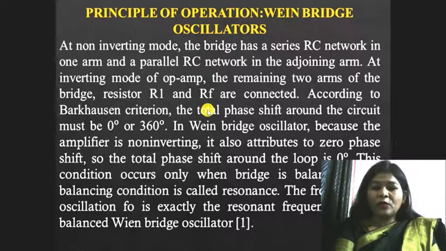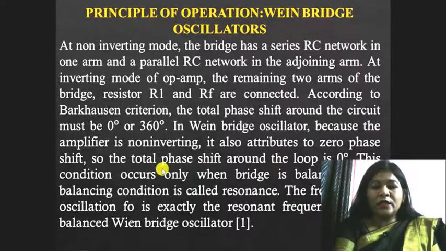because we had already discussed the Barkhausen criteria in our previous lecture, based on the basics of oscillators, according to the Barkhausen criteria, the total phase shift required for sustained oscillation is 0 degree or 360 degree. In the Wien bridge oscillator, because the amplifier is in non-inverting mode, it contributes zero phase shift, so the total phase shift around the loop is 0 degree.